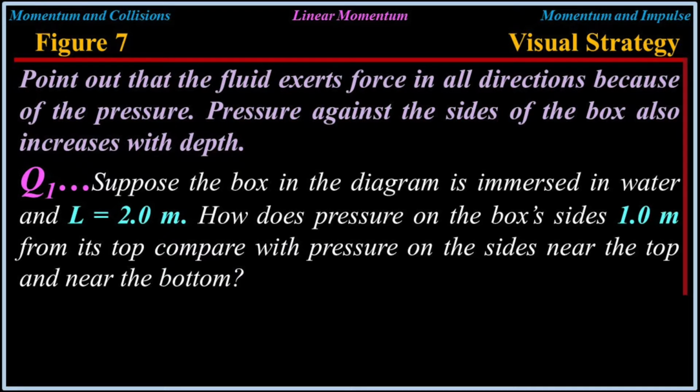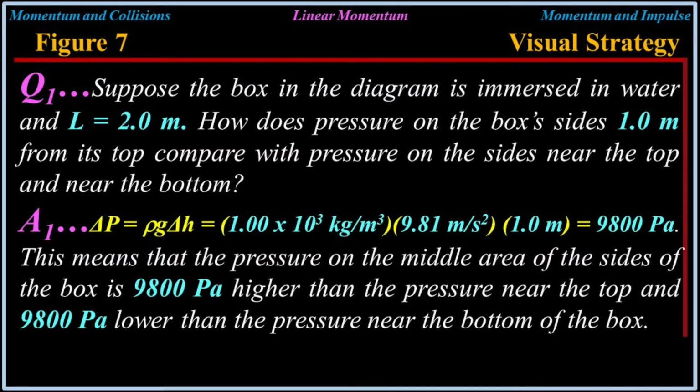Question 1. Suppose the box in the diagram is immersed in water and L equals 2 meters. How does pressure on the box's sides, 1 meter from its top, compare with pressure on the sides near the top and near the bottom?